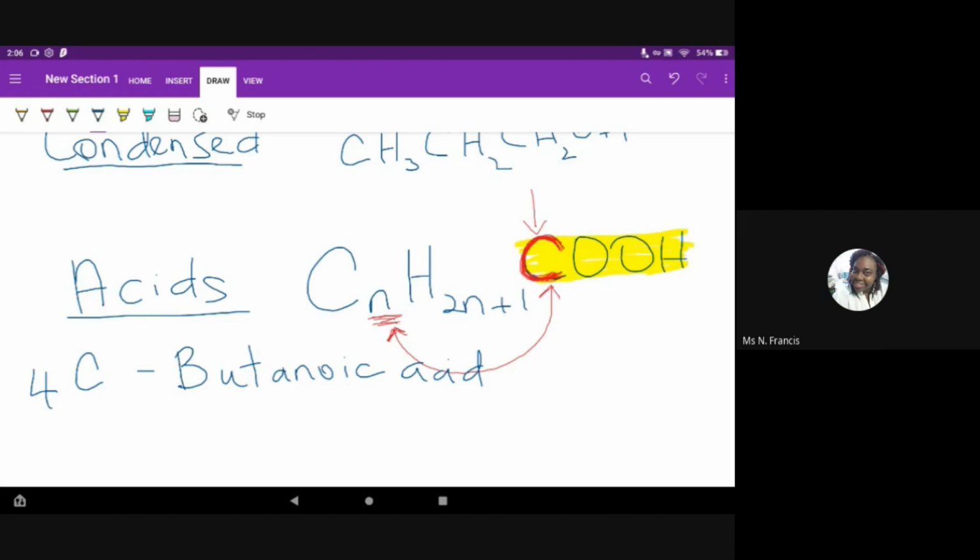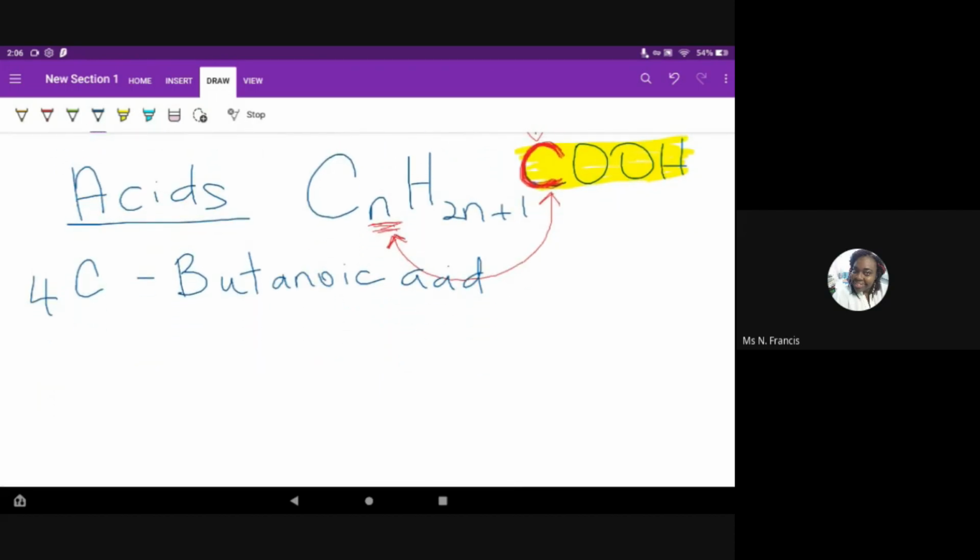Now, what we're expecting is that I am to have 4 carbon atoms in my chain. Good. Also, one of the carbons came from the functional group. So all I'm going to have to do is subtract 1. So N for butanoic, I'm not going to use 4. I'm going to use 3. So let's go. C3, because it is now N minus 1.